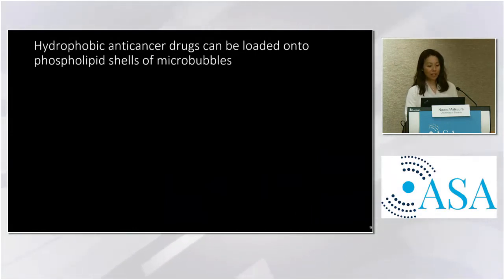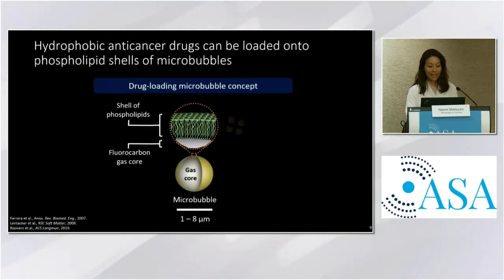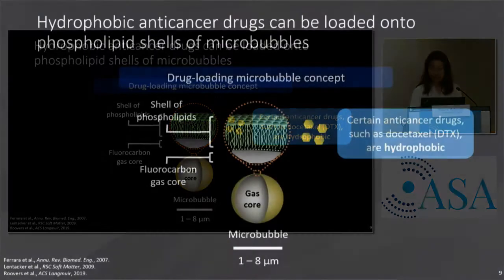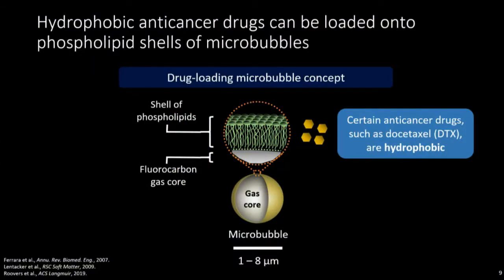The way we're doing this is we have hydrophobic drugs. The drug that we're looking at is docetaxel, and we load it into the shell of these bubbles. That's a technique that other people around the world have also employed.